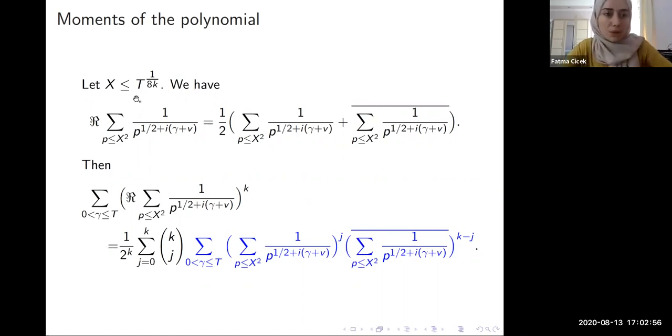In general, in this problem you want something like t to the 1 over log t. If you pick an x like that, it will work for the whole problem. For moment computations, you can get away with something larger, but for the distribution function you need an x that is smaller.